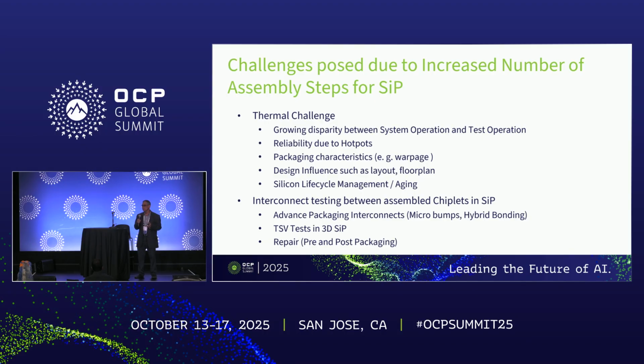Test exercises some local logic, and that is maybe different from your functional workloads. Functional workloads are distributed as far as stress is concerned. So, test actually exercises in a very rigorous fashion. So, definitely your temperature stress is going to increase, and that causes local hotspots. Now, packaging characteristics also will be affected because there is hybrid bonding, all that stuff.